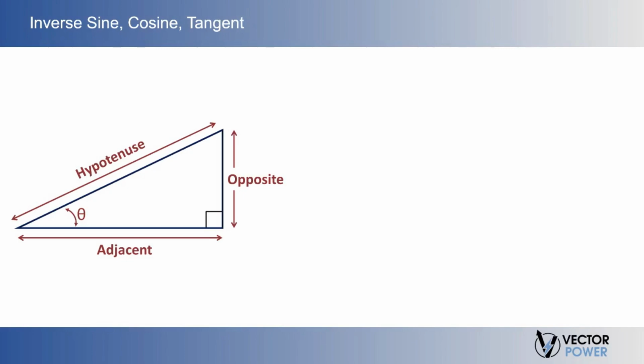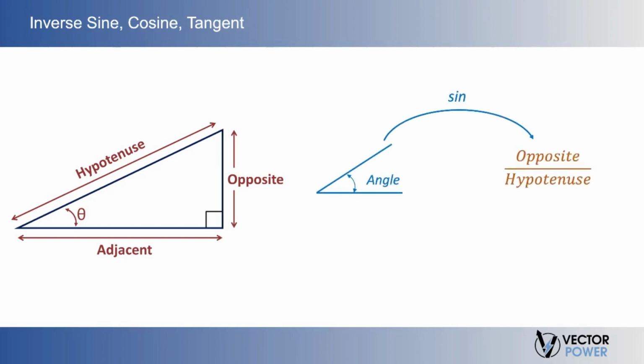All right, next let's look at inverse sine, cosine, and tangent. As we've just learned, trigonometry functions such as sine, cosine, and tangent take the angle theta and give us the ratio of the sides of a right triangle. For example, the sine function takes angle theta and gives the ratio opposite divided by hypotenuse.